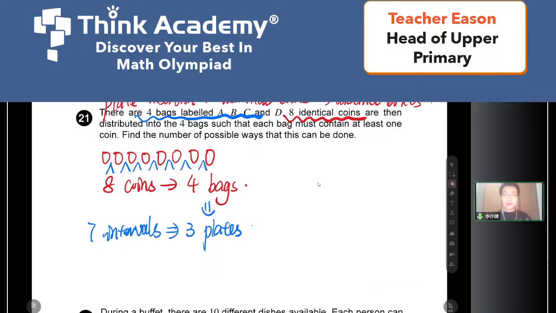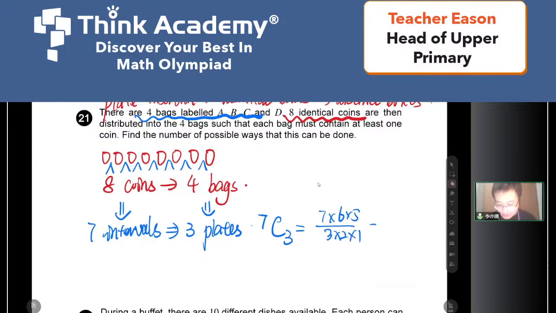So now the question becomes, instead of dividing coins into 4 bags, inserting 3 plates inside 7 intervals. Obviously, 2 plates cannot be put in the same interval, right? So the method would be just to choose 3 from the 7 intervals.